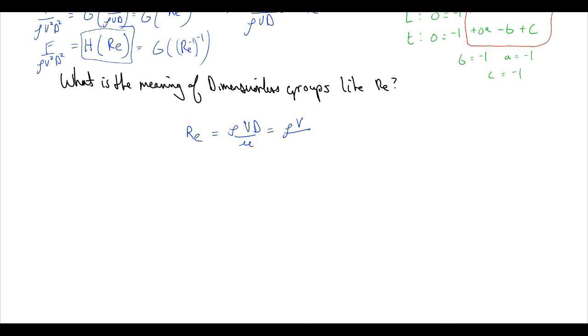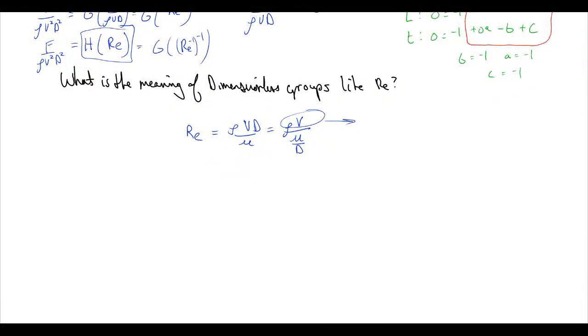And this top part is a density times a velocity. That's inertia, right? Mass times velocity is inertia. It's momentum. And the bottom part is mu divided by L, which is a measure of our viscous forces, right?